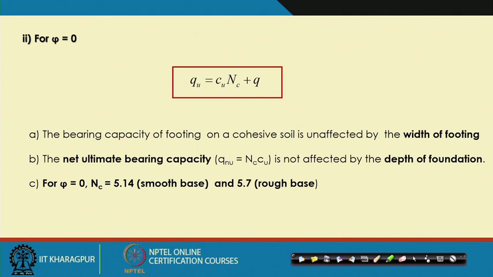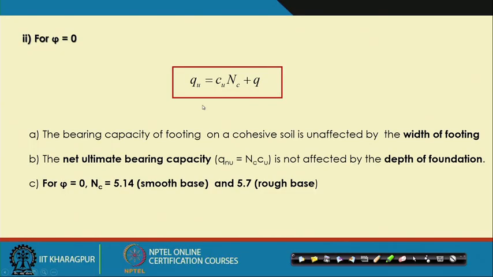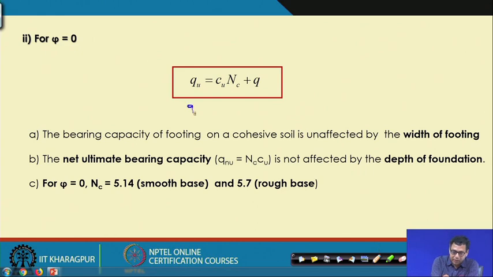And now if it is the ultimate, then definitely Df has the influence and the unit weight also has the influence. But if we are talking about net ultimate, your net ultimate will be Cu Nc plus q minus q. So, this will be Cu Nc.